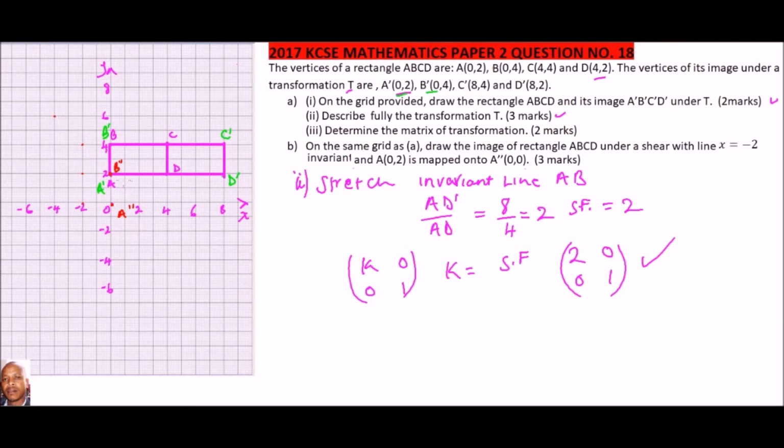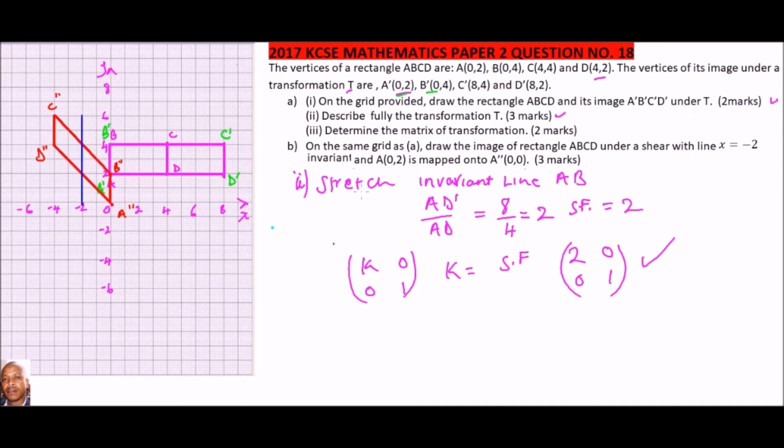So this is B. It means our C will be there, and our D will be 2 units from there. So these are the vertices of our image. So let's join those 4 points and see what kind of image we have under the shear, where x = -2 is invariant and A is mapped onto (0, 0).